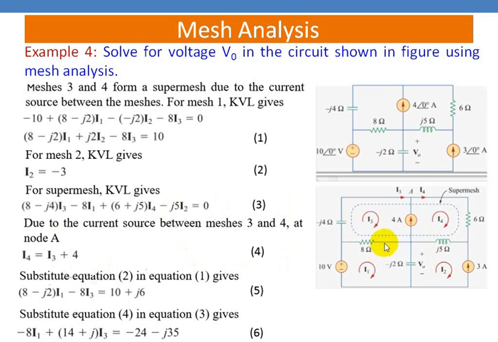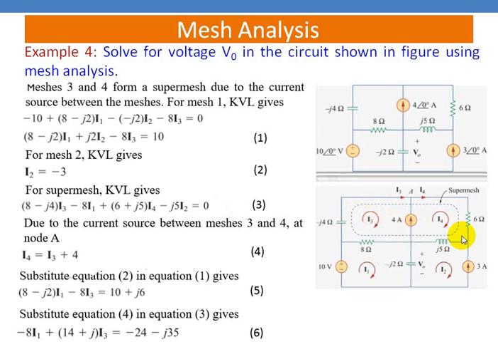And now you can also write another equation for this current source. So you see here, this current is flowing from bottom to upwards. So I4 is also flowing from bottom to upwards, whereas I3 is flowing from top to bottom.